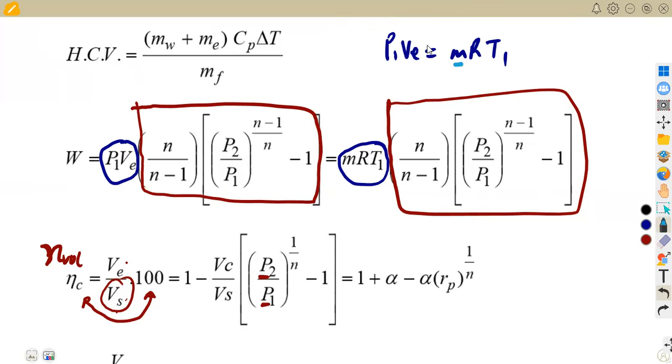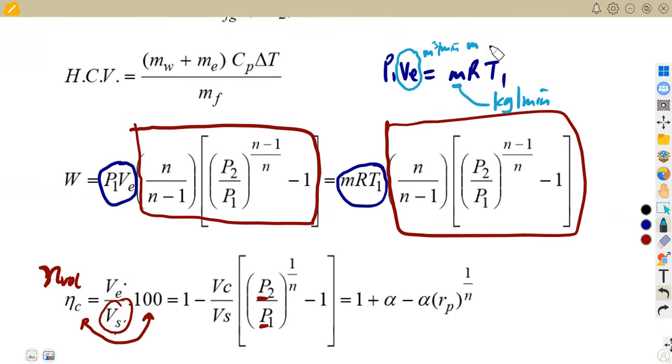Maybe it depends on what you're given. If you are given your effective volume in cubic meters per minute, it means you shall obtain the mass in kg per minute. If I am given this in cubic meters per second, it means I'm going to obtain the mass in kg per second. So it depends on the question you are given.